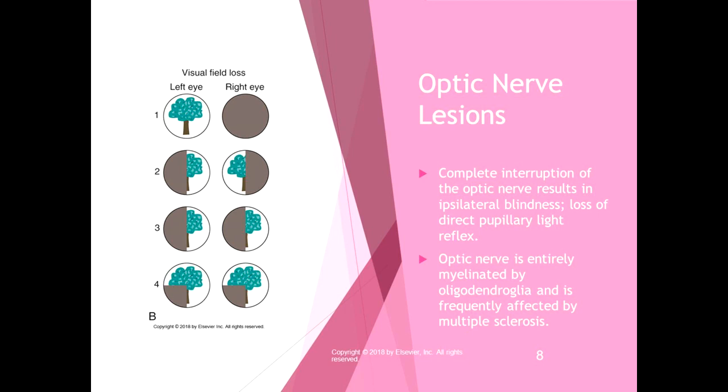Picture number 1 up here is complete interruption of the optic nerve, between the retina and the optic chiasm. So both streams of information from the right eye, in this particular example, are affected because the optic nerve is interrupted by whatever process.